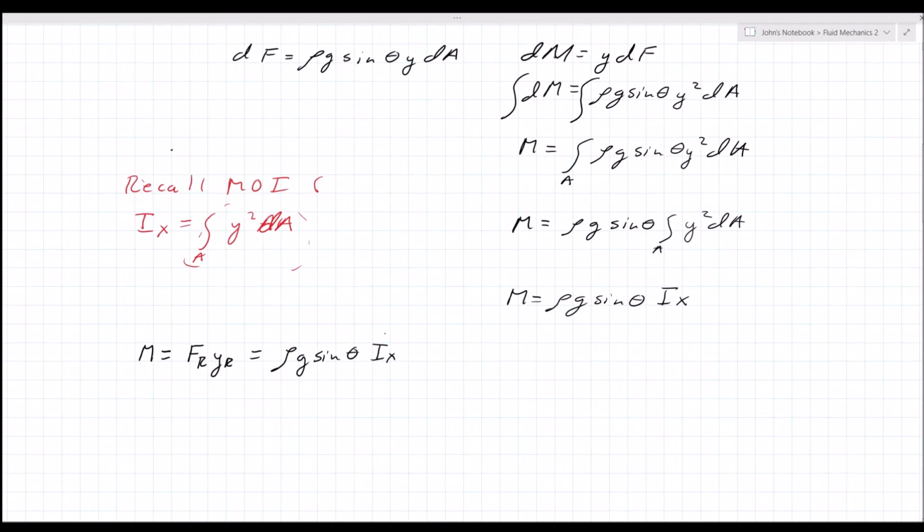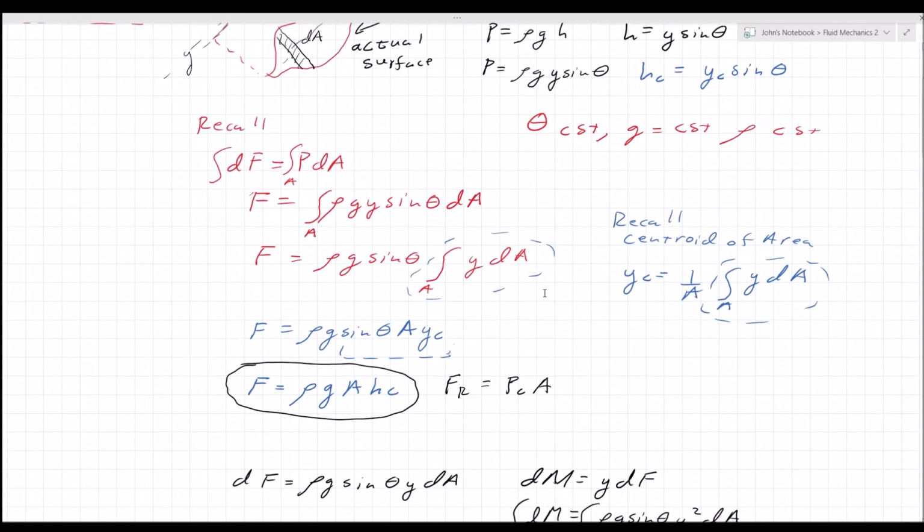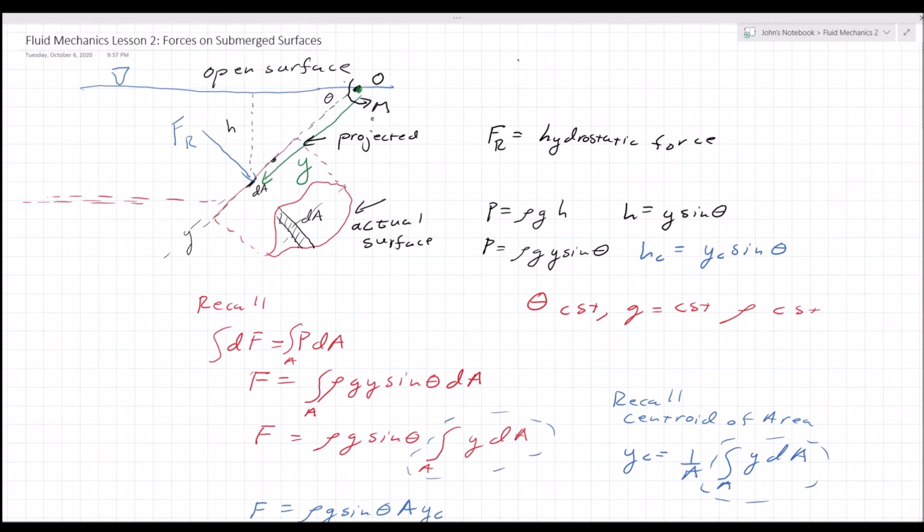Now, I sub x, or the moment of inertia about x, is not the moment of inertia of the centroid. It is the moment of inertia caused by where my new point is, so I'm going to have a shift from the center, therefore I'm going to have to use the parallel axis theorem. So, I sub x is going to be the moment of inertia about the central axis, plus the area times the distance from the central axis squared, because I am taking the moment from here instead of the center of the plate.